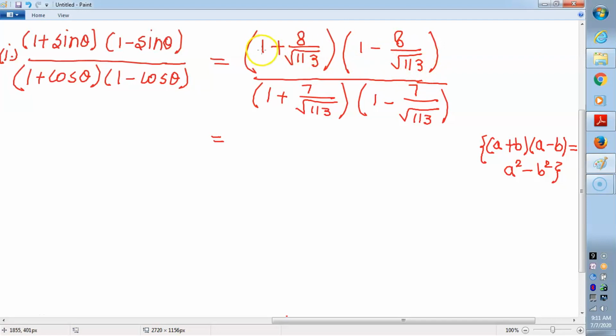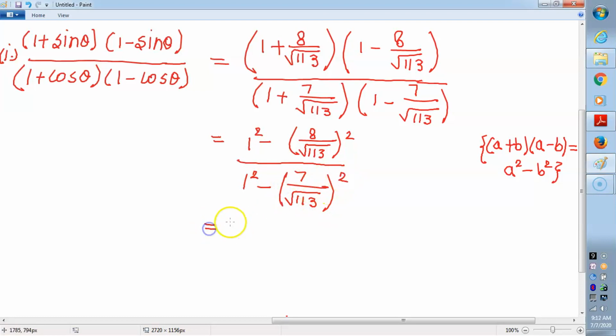So a is 1, b is 8 upon root 113. So apply the formula, a square minus b square. Correct? In denominator also we can apply the same formula, 1 square minus 7 upon root 113 square.